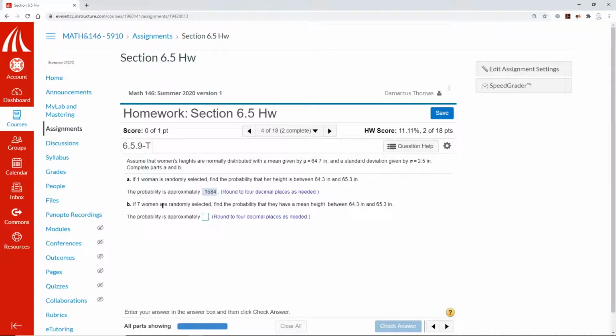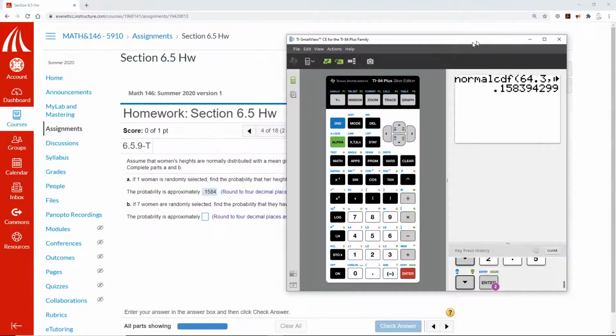Now if 7 women are randomly selected, find the probability that their mean height is between 64.3 and 65.3. So I have to use a sampling distribution of 7 women. I'm just going to do the same entry, and instead of the deviation 2.5, I have to divide it by the square root of 7.